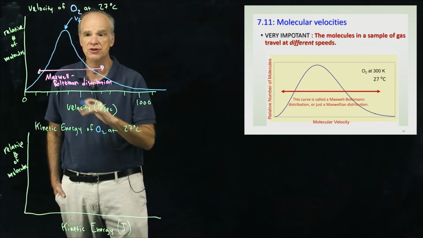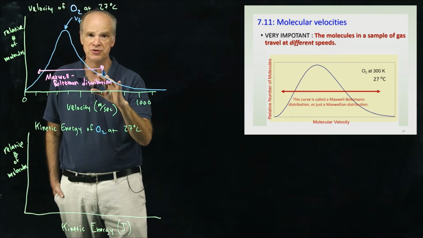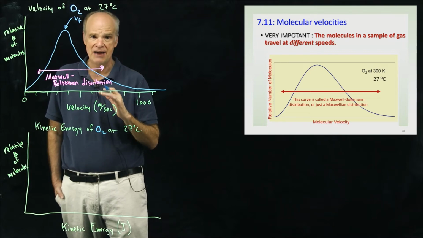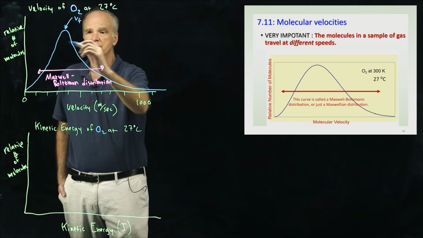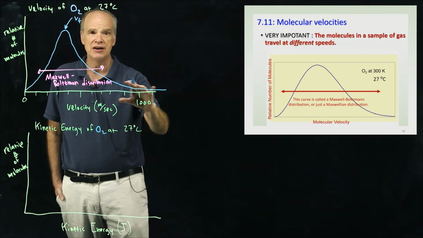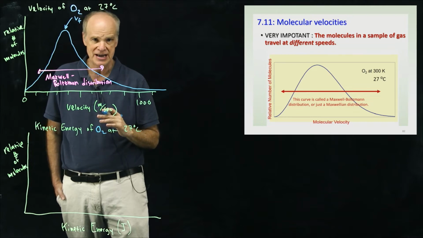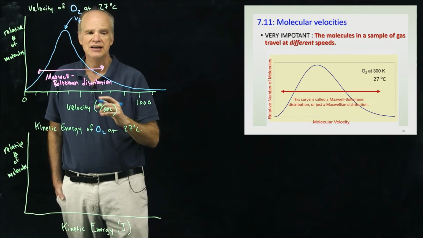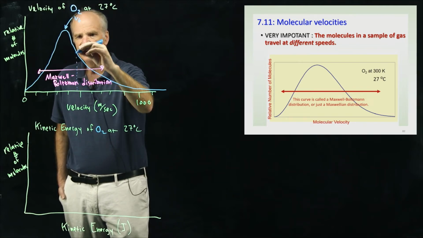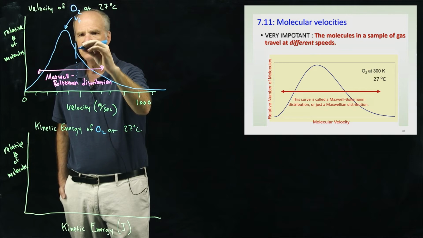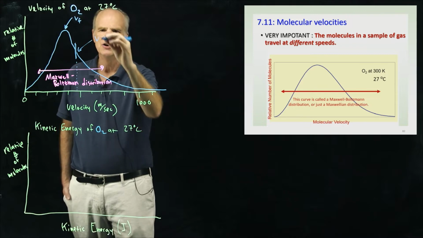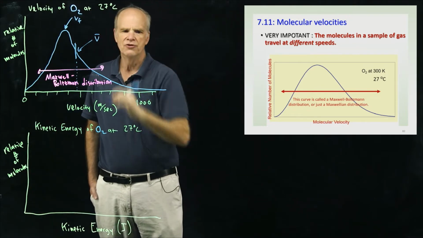Now, one thing we can do is characterize this Maxwell distribution of the speeds of the oxygen molecules by looking at the average velocity of the molecules. Here we have the most frequent velocity, but here's the thing: the average velocity of these molecules is not the same as the most frequent velocity. In fact, the average velocity will be about here for oxygen at 27 degrees C. So this is the average velocity, and to indicate that, we'll put a V there and put a bar over it like that.